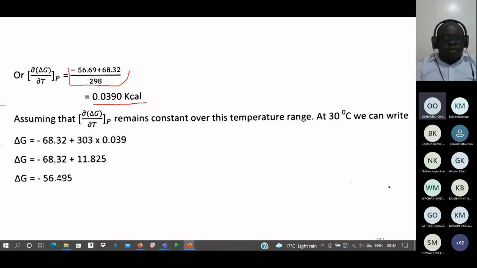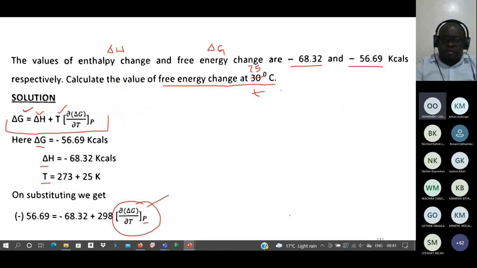Now, it changes here again. Because now here we have put... so the first one was at 25.